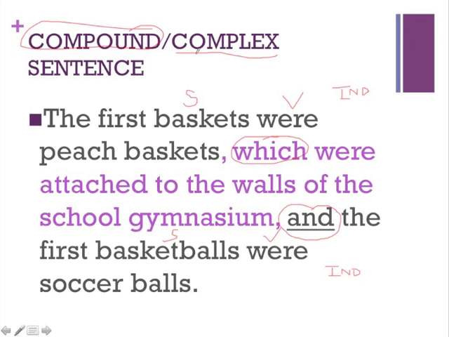So yes, the first thing to think about is that this is truly a compound sentence. But it also happens to contain a complex idea. And that's where the word which comes in. Because what it does is it helps connect to the idea of peach baskets. So this part here really belongs to the first independent idea. And again, is functioning like an adjective.